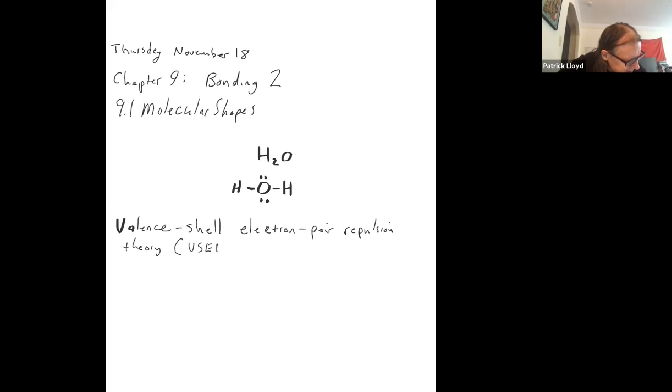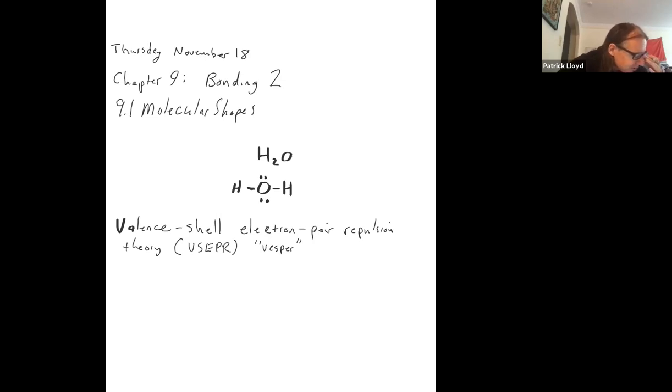It's VSEPR, but we pronounce it VSEPR just to make it easier to say. And it's a theory based on what it says it is. We're going to consider the valence shell electrons. They're in the form of pairs and they repel each other. The electron pairs repel each other.